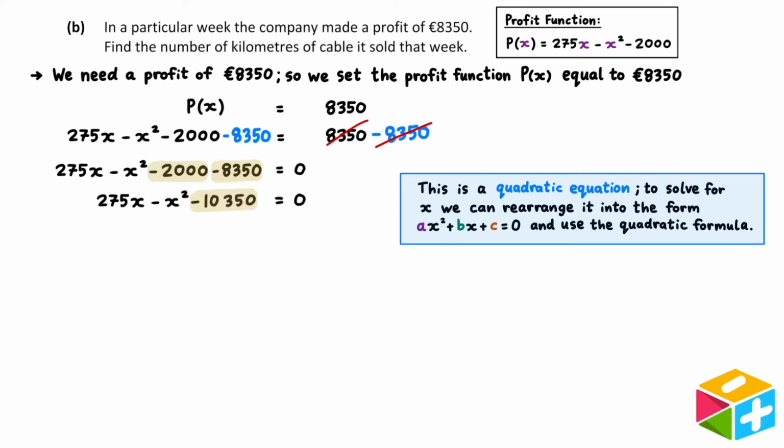Now, we can do some simplification by combining the number terms. Minus 2,000 minus 8,350 is minus 10,350.